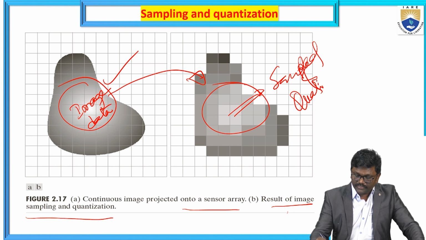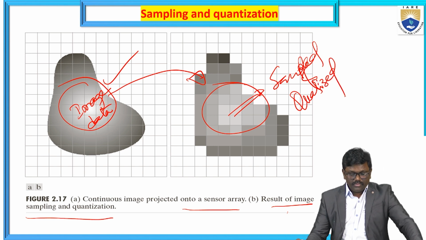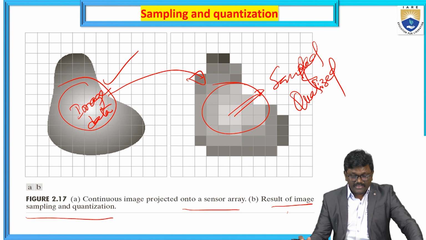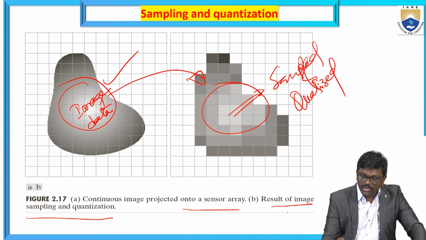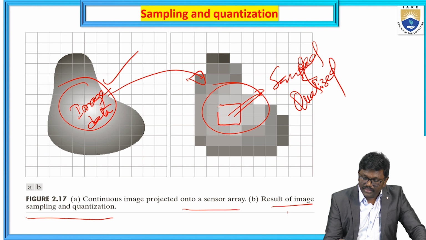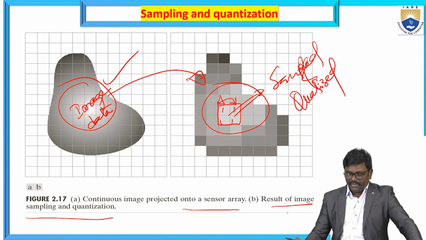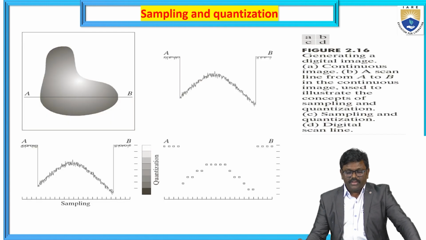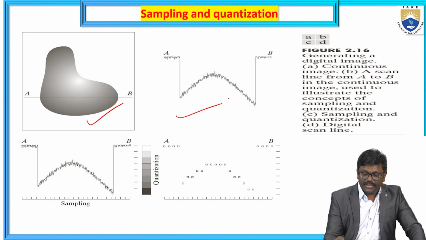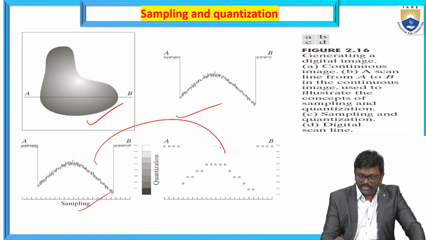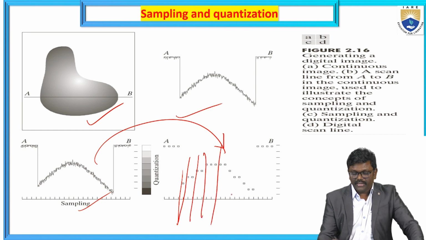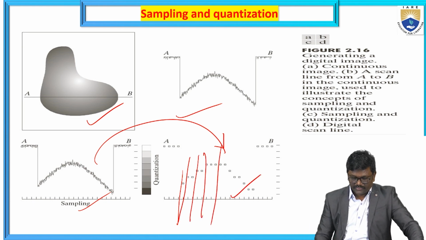It depends upon the sampling and quantization only. You are able to find out the pixel values and the neighborhood pixel relation. So we can see the analog image in analog form and convert it into digital, that is the quantized and sampled process, and we will get a 100% digitized image.